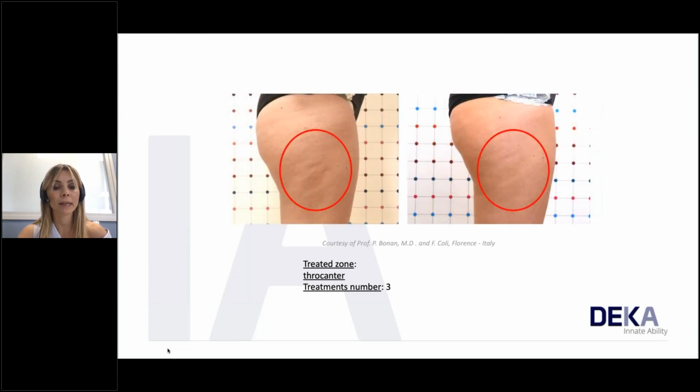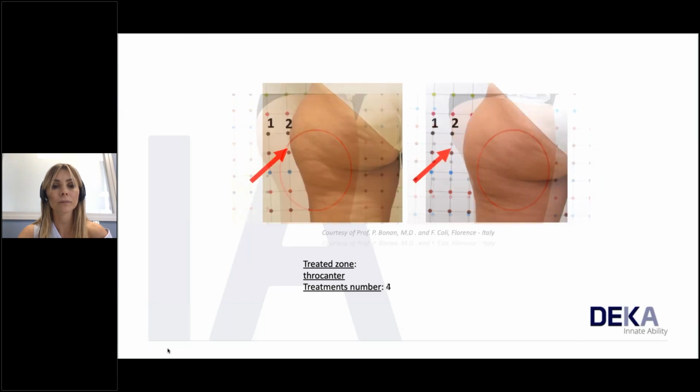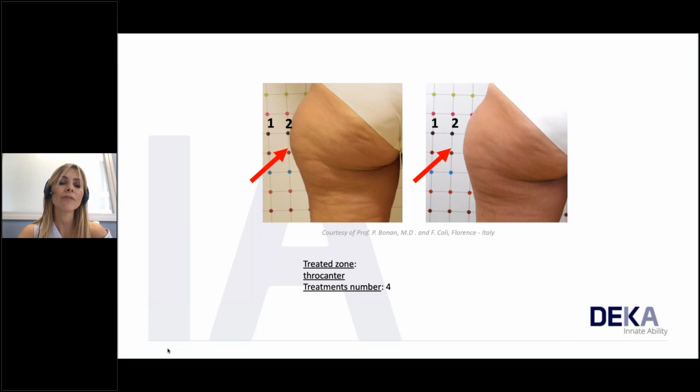The improvement in cellulite after 3 treatments. And again, the loss of circumference after 4 treatment sessions. What is important to know is that even if we suggest 4 treatment sessions, we'll have an improvement even after 1 treatment.